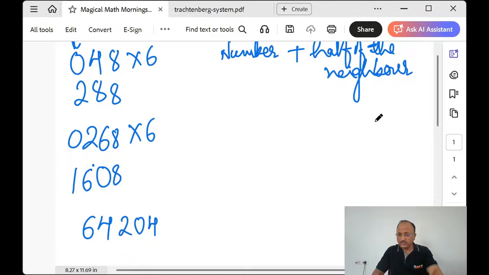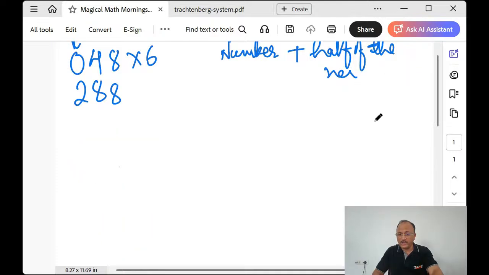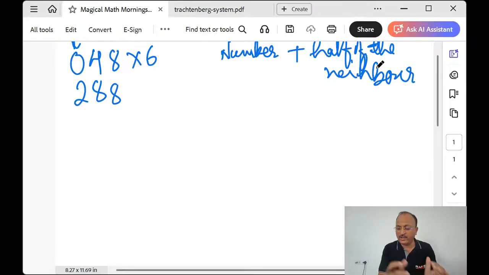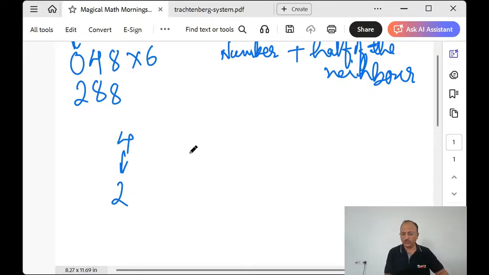Now let's come to the numbers having some odd digits. Okay. Before writing odd digits, I want to set one rule. What is half of 4? It is very simple too. For the sake of our calculation, half of 5, we know that it is 2.5. Correct?